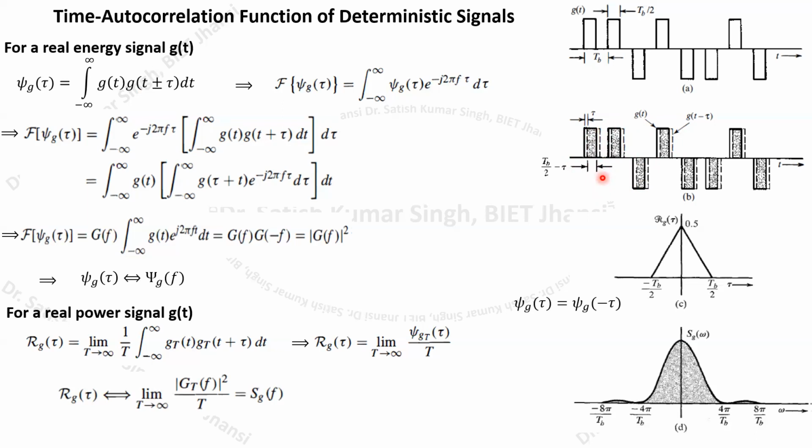So normally we have to calculate for different amounts of tau. When tau equals 0, the overlap will be maximum. Whenever tau equals 0, both signals are multiplied together, which is equivalent to squaring the signal, g squared(t). If tau equals 0, it is g(t) multiplied with g(t), equivalent to squaring the signal.